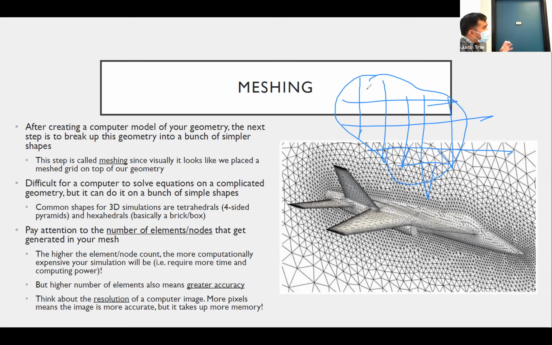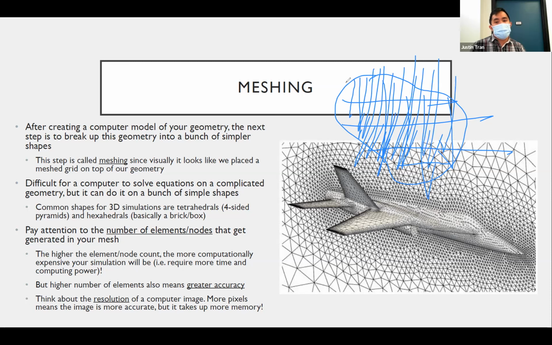You'll say that I want my elements to be 0.1 centimeters big, right? And so that defines kind of the edge length of the mesh. Or you can make it even smaller. And so let's say that you define your mesh size to be 0.01, right? And so you end up with a much finer mesh. It's a terrible drawing, but you guys get the idea.